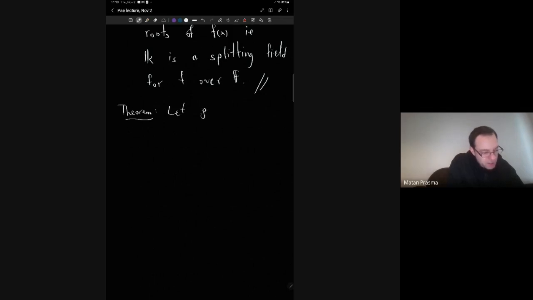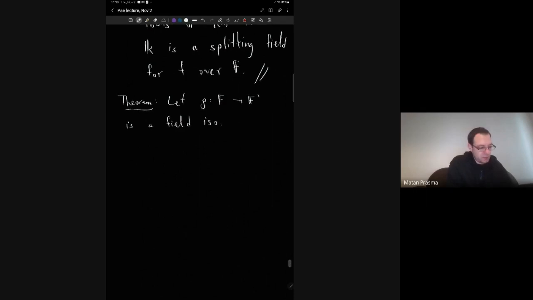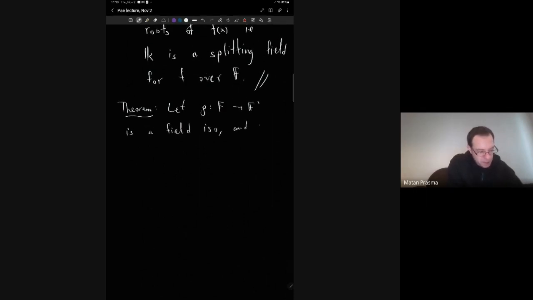Suppose rho is a field isomorphism. And let f(x) be, let's say, a_n x^n plus ... plus a_1 x plus a_0, and f prime I denote as simply you apply rho on all the coefficients of f.